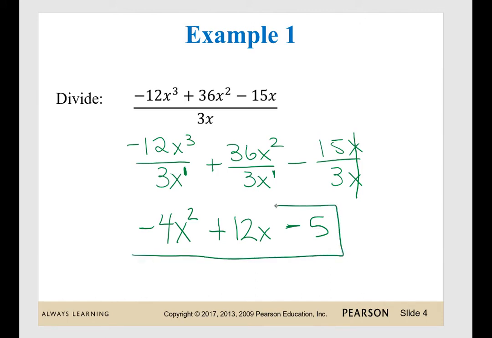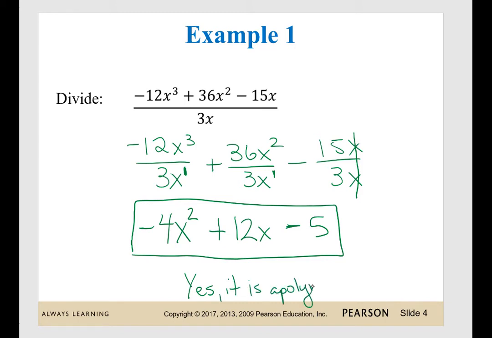When you are done, MyMathLab might ask you a question about your answer, just to make sure that you are paying attention to all of that vocabulary we talked about way back in section 2. Is your answer a polynomial? Yes, it is a polynomial.